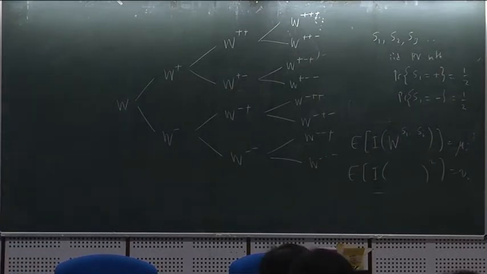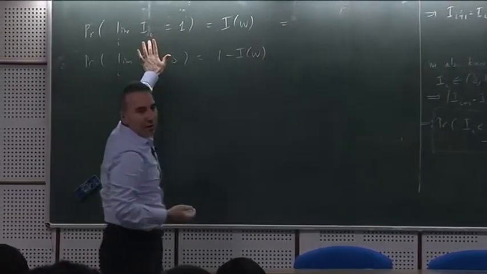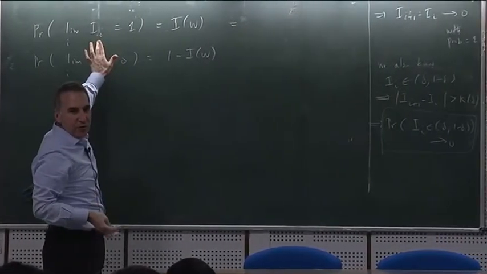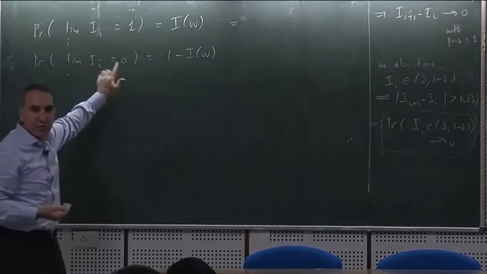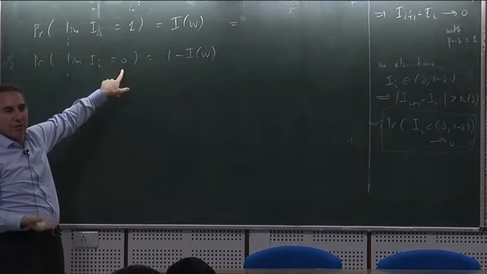Okay, so now we have these things. In the light of what we showed with the relationship between the Z and the I, if the I's are getting close to 1, the Z's are getting close to 0, and vice versa. If the I's are getting close to 0, the Z parameters are getting close to 1.